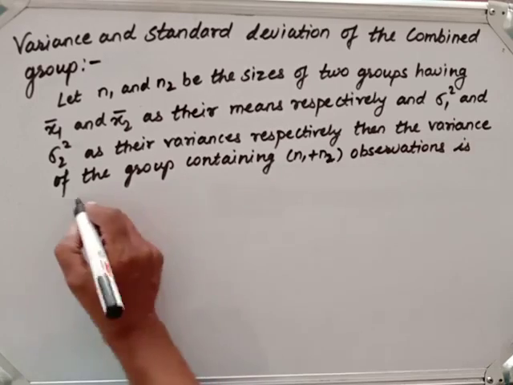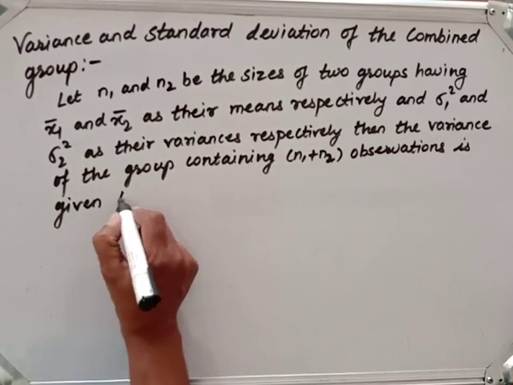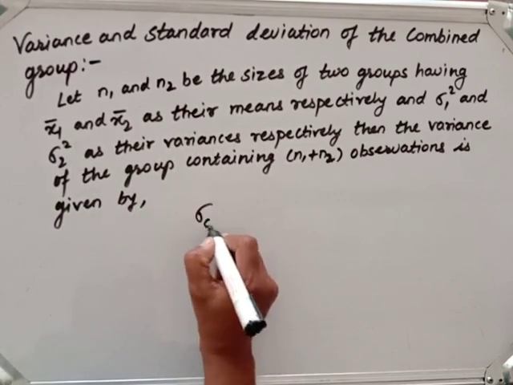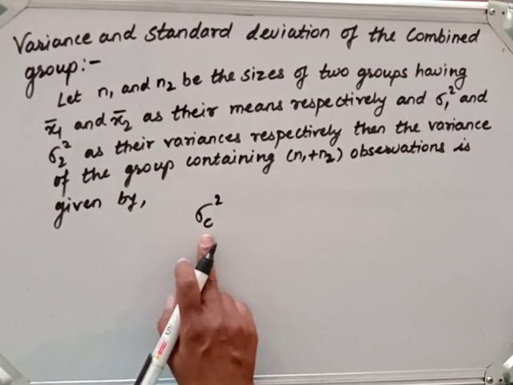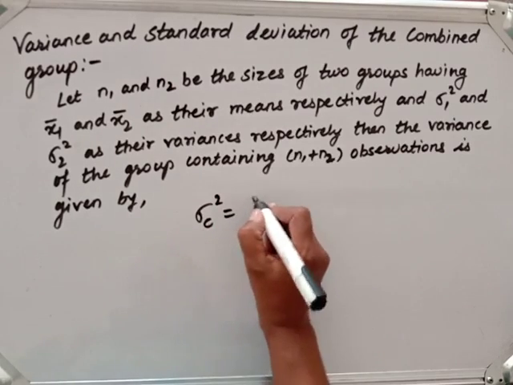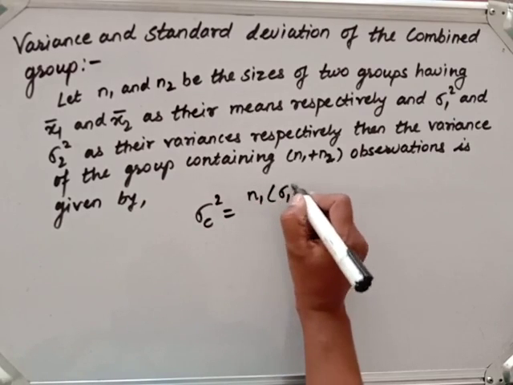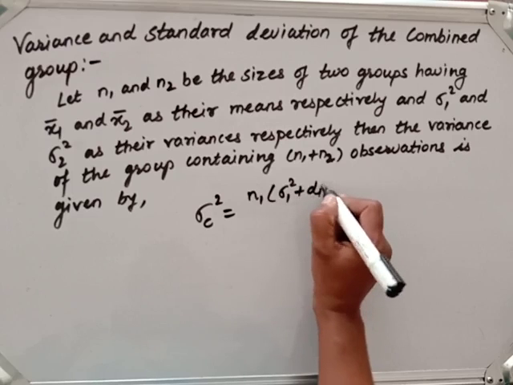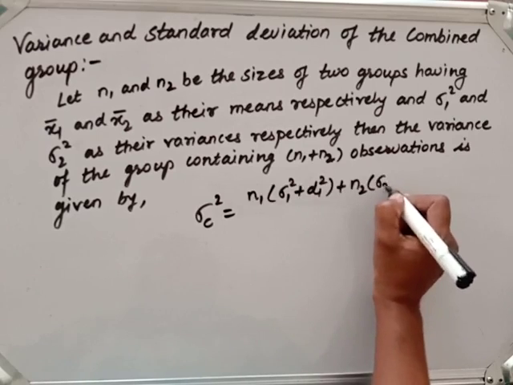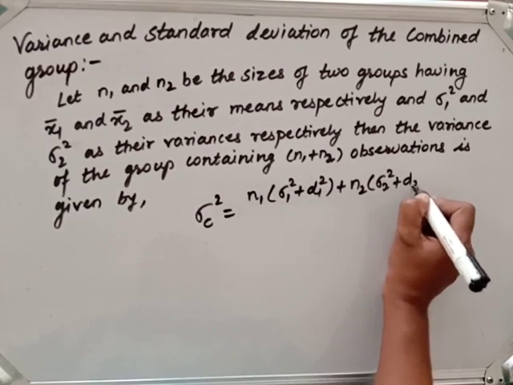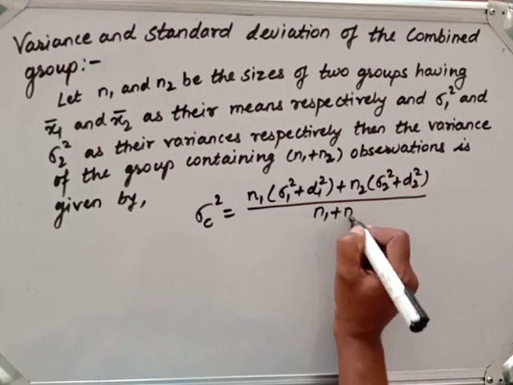Is given by, what does that variance is given by? It has a result. It is sigma c square, as it is the combined variance. So sigma c square is N1 into sigma 1 square plus d1 square plus N2 times sigma 2 square plus d2 square upon N1 plus N2.